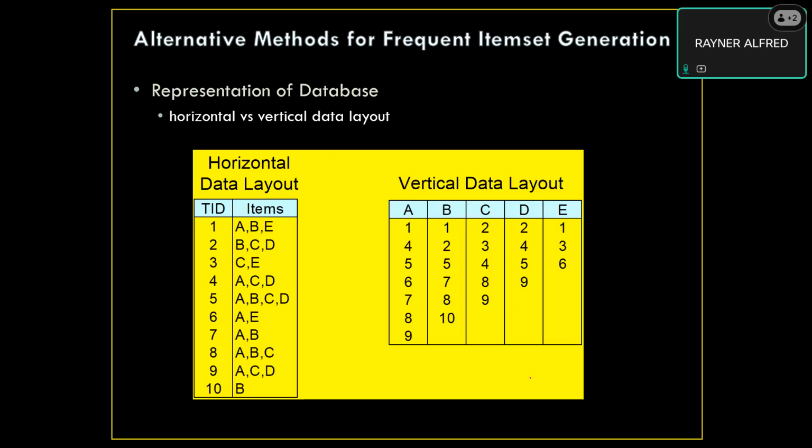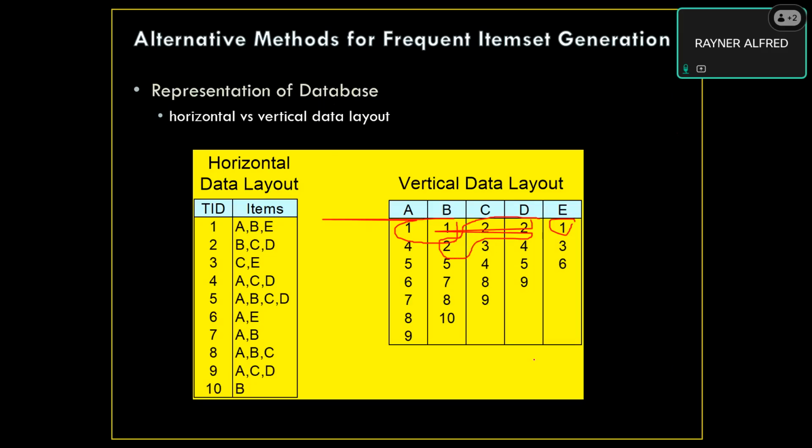For example, like this, we have the horizontal data layout. We also have the vertical data layout. From here we can tell that, for number one, it exists 3 times, and number 2 exists 3 times, and so on.